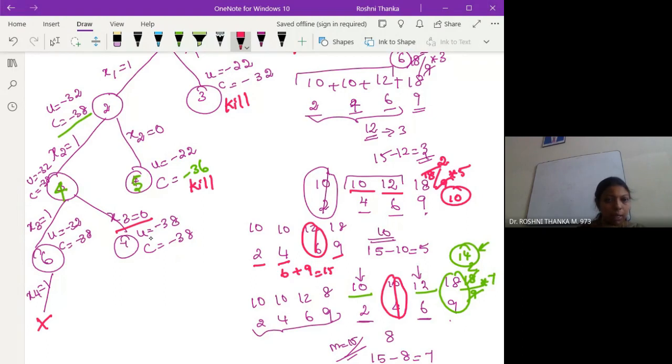So then what I can do again is check when I don't include the fourth item.